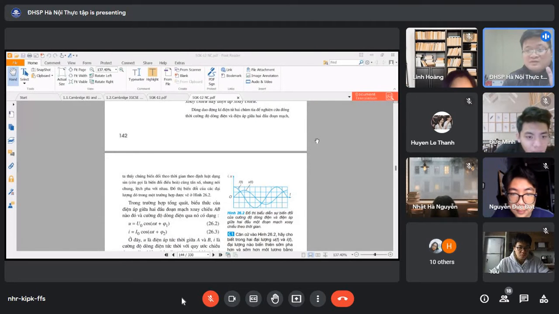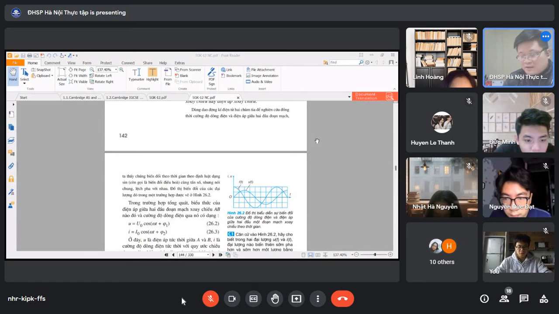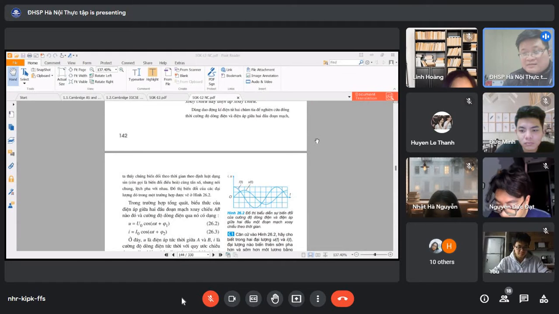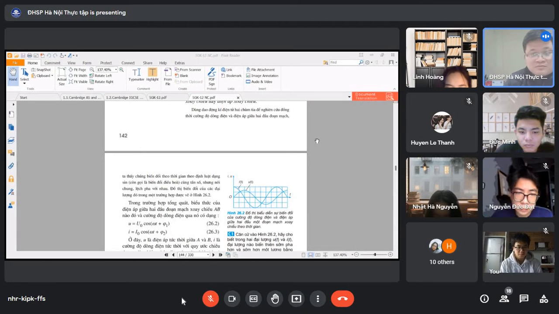So for a certain amount of time, it goes from A to B, and for the next moments it goes from B to A, and then from A to B again. So the current changes in turns or in periods.